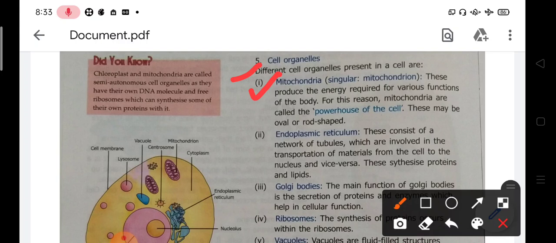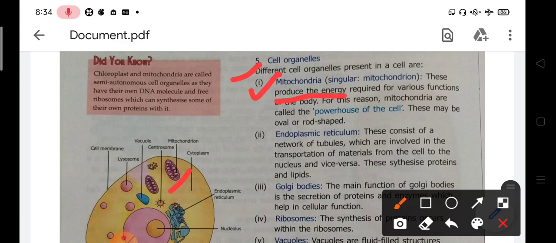Okay. Now you can see that this structure is mitochondria. Singularly it is called a mitochondrion. It is responsible for production of energy. That means when the cell requires energy, that energy is provided by mitochondria, because for different functions the cell requires energy.